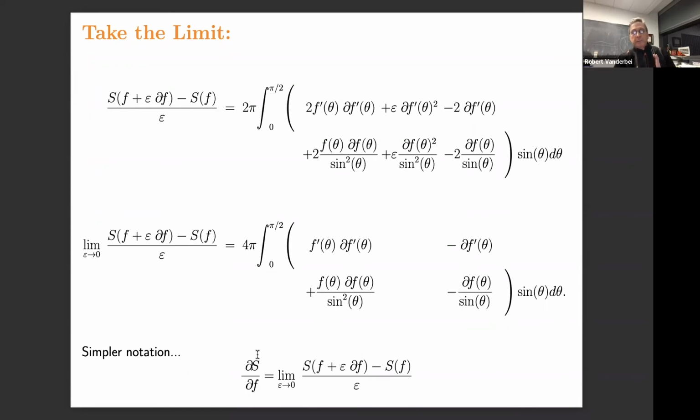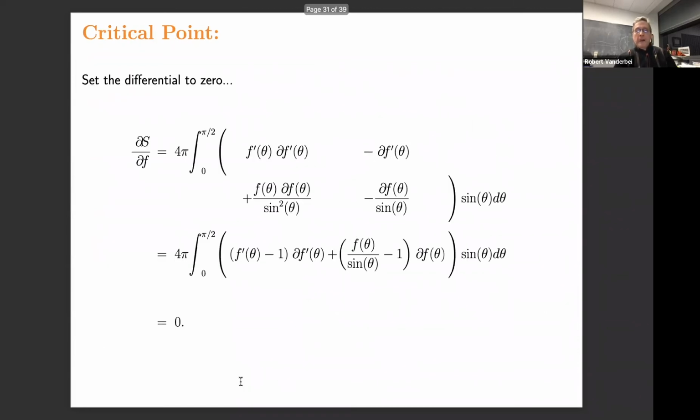And let's introduce a simpler notation, since this is the analog of a directional derivative in finite dimensions. And let's call this DSDF. And so what do we have? We have DSDF is this expression that I just had on the previous slide. But let's write it in a little bit simpler way here.